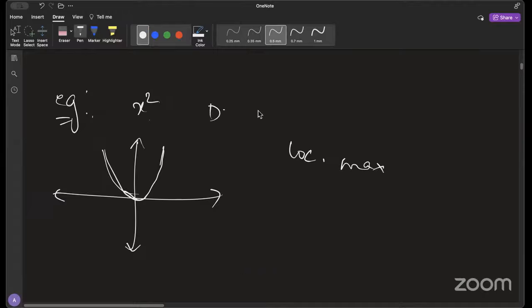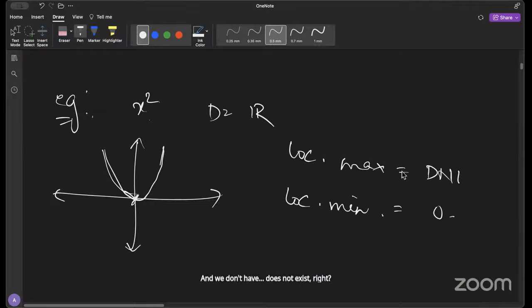Your domain is R. Local minima is 0, this point. And the local maxima does not exist, right? If it's R, the entire real numbers, then the local maxima does not exist.